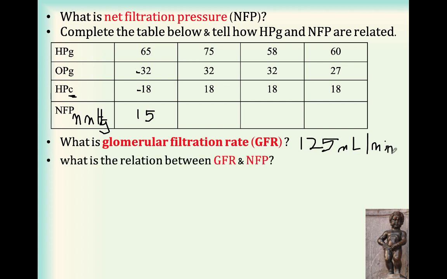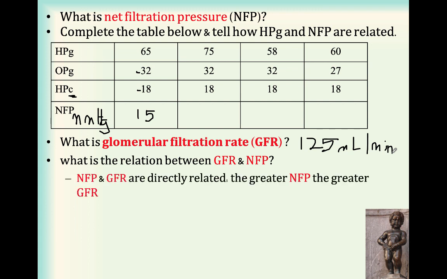There we go. Well, there is, in fact, a relation between the glomerular filtration rate and the net filtration pressure. And it's the net filtration pressure which determines the glomerular filtration rate. And so we have this direct relationship. The higher the net filtration pressure, the greater the glomerular filtration rate.